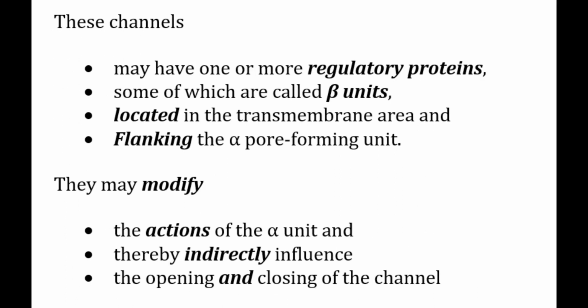These channels may have one or more regulatory proteins, some of which are called beta units. These are located in the transmembrane area and flank the alpha pore forming unit. They may modify the actions of the alpha unit and thereby indirectly influence the opening and closing of the channel.